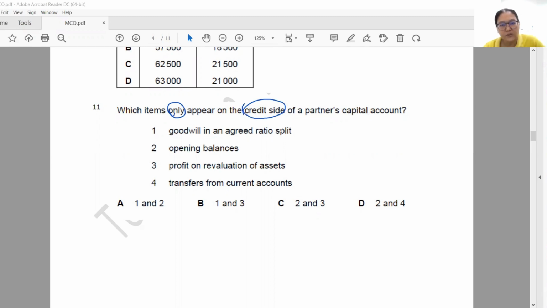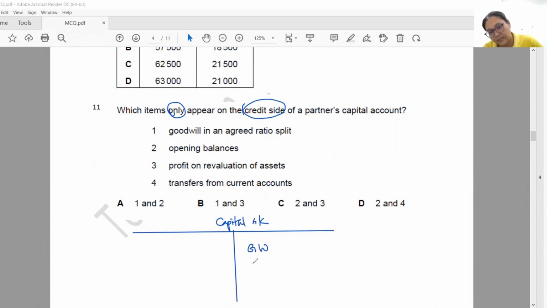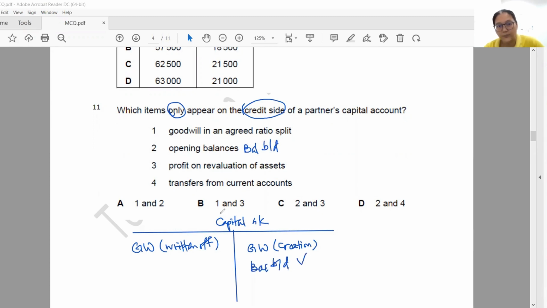Goodwill in an agreed ratio split: in a capital account, goodwill can be credited when you have creation of the goodwill, and debited when you have return of the goodwill, if not maintained in the books. Opening balance, which is the balance brought down, must be on the credit side only.